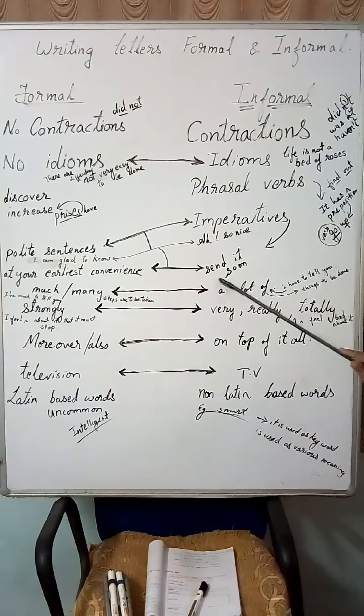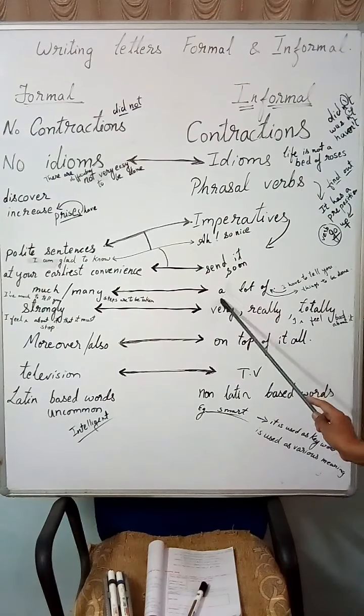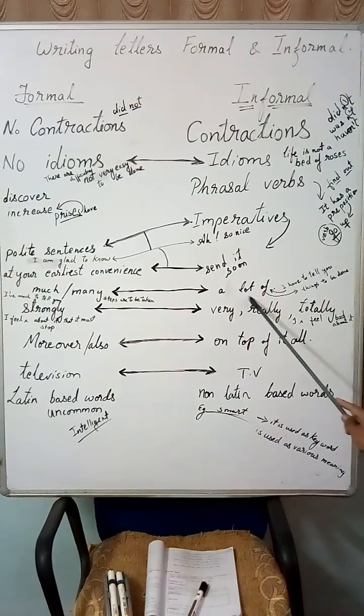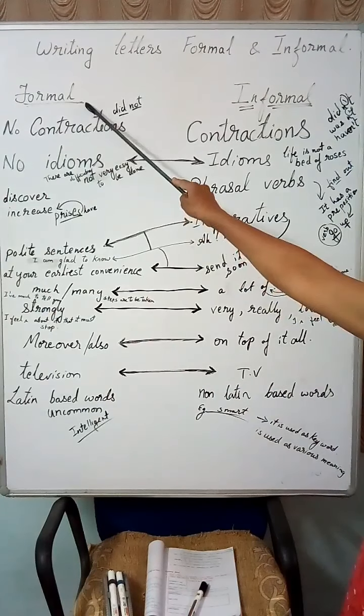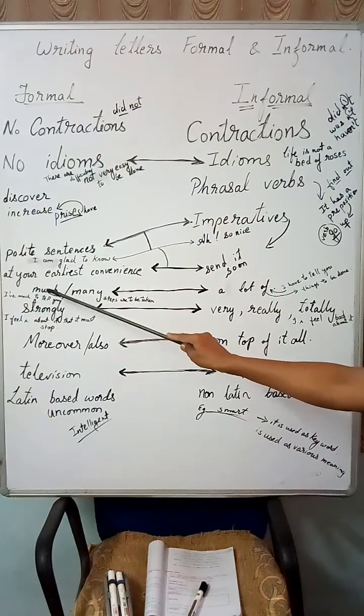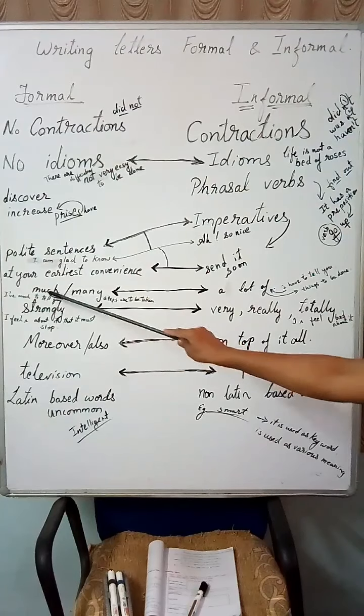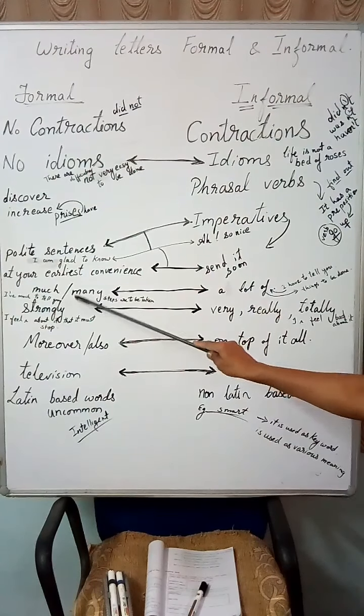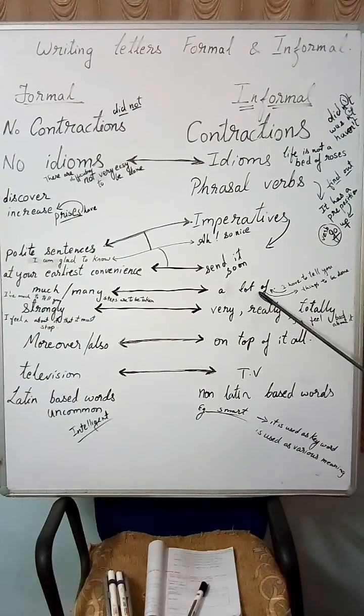Next example, a lot of. Here you are writing a lot of. Instead of that, when you are writing a formal letter, you have to use much or many. These types of words you have to use instead of a lot of. Now see the example.